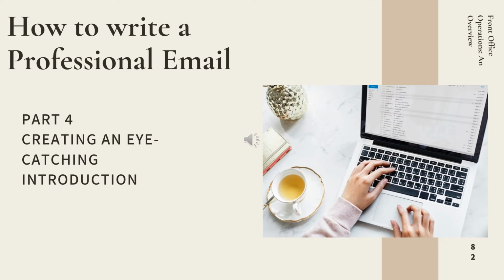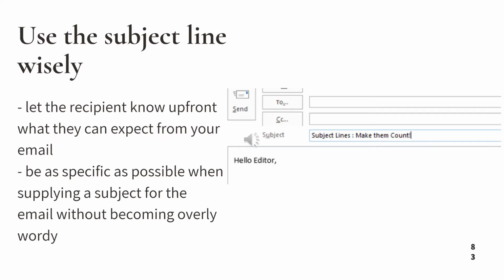How to write a professional email, part 4, creating an eye-catching introduction. First, use the subject line wisely. Rather than filling the subject with one or two vague terms, let the recipient know upfront what they can expect from your email. Otherwise, it may fail to make the impact that it's supposed to.